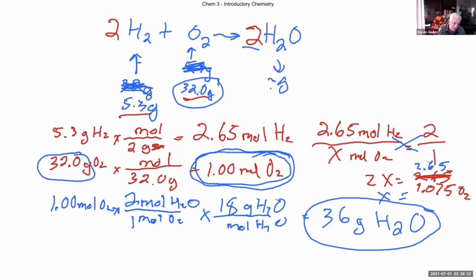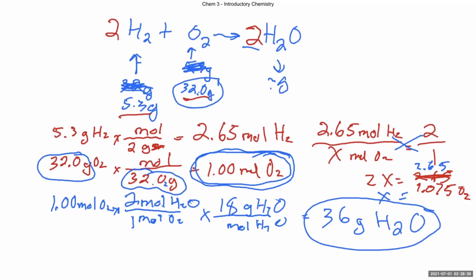This 32 is from the periodic table. Okay, got it. Because oxygen is 16, it's O2. That should say O2.